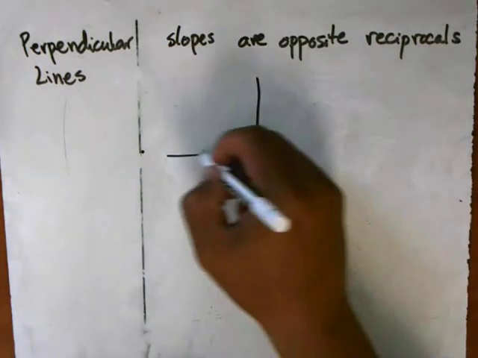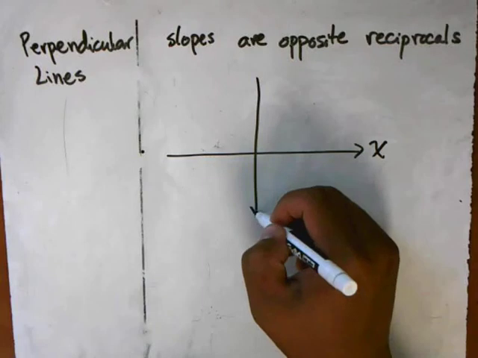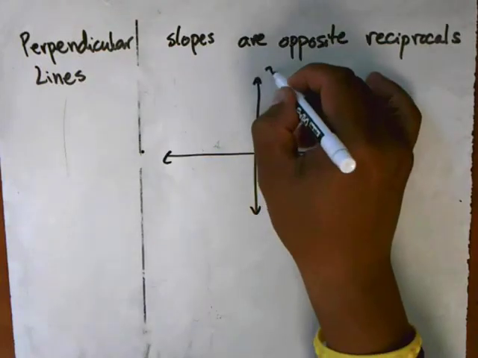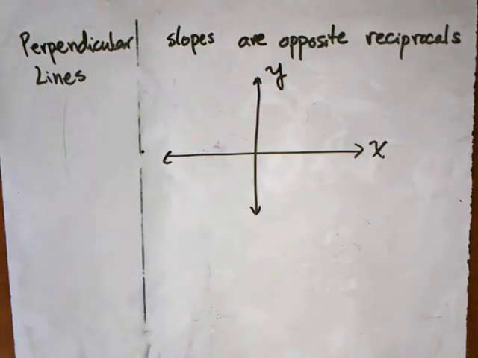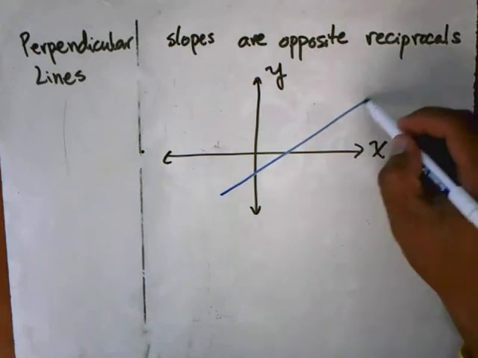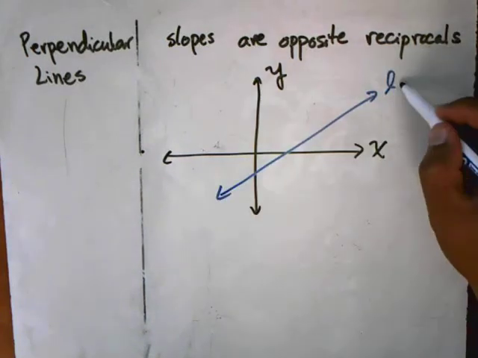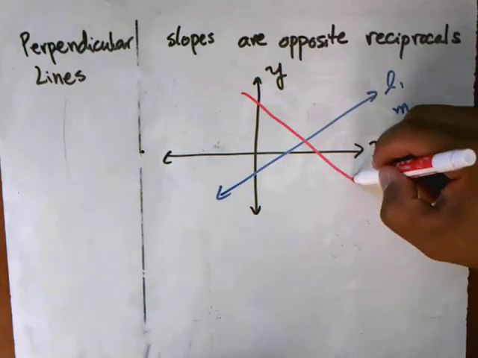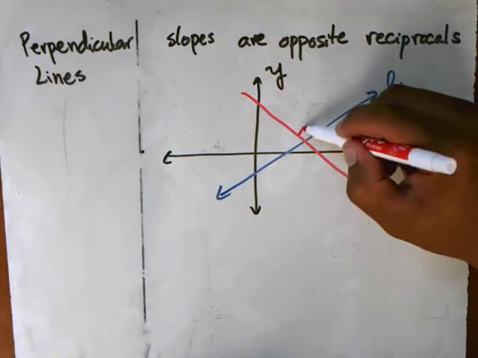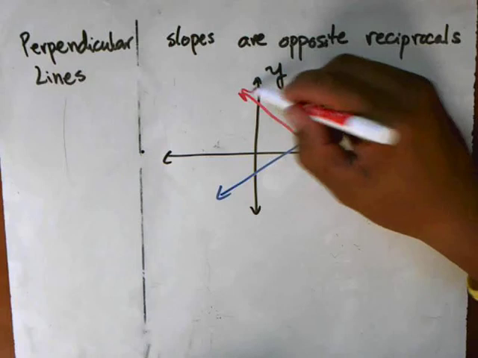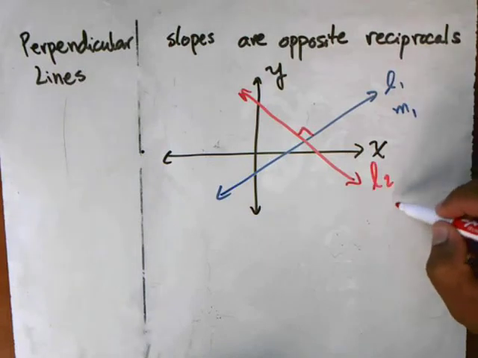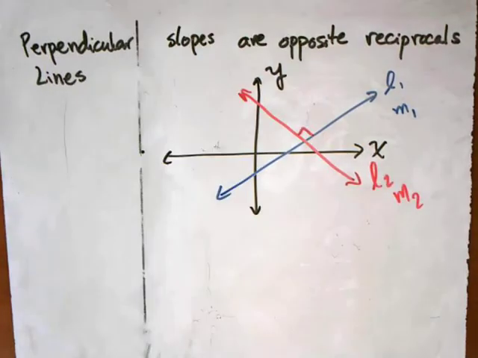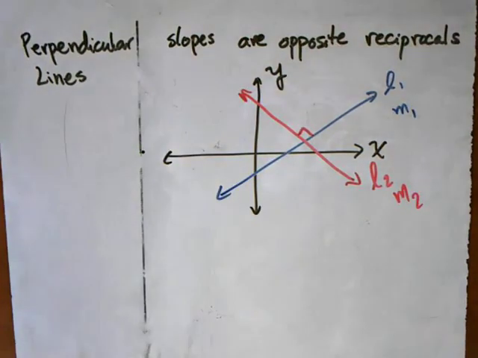So to illustrate, if I have an xy coordinate plane here, and I have a blue line here, and we'll call this L1, and it has slope of m1. And then I have another line that's perpendicular to that. My drawing's not really great here. And this is L2, and that has a slope of m2.